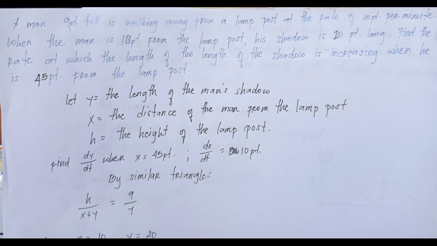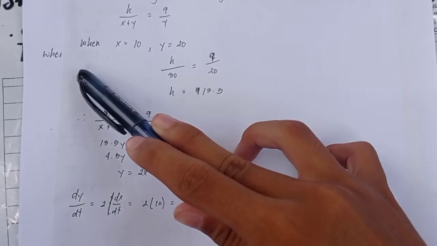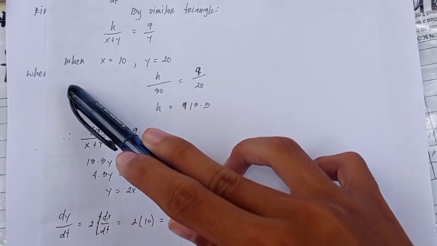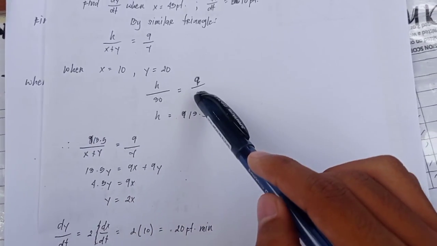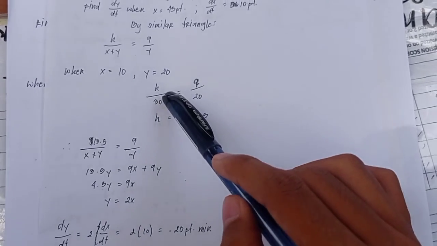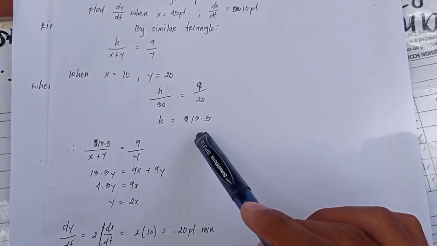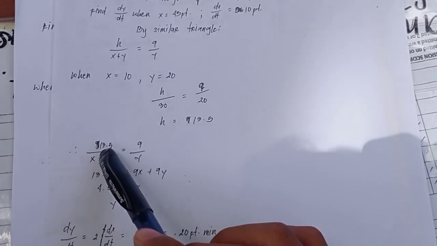Using the similar triangles formula again, h over x plus y equals 9 over y. We substitute the values x equals 10 and y equals 20, so it becomes h over 30 equals 9 over 20. We cross multiply, then we get the answer of 13.5.